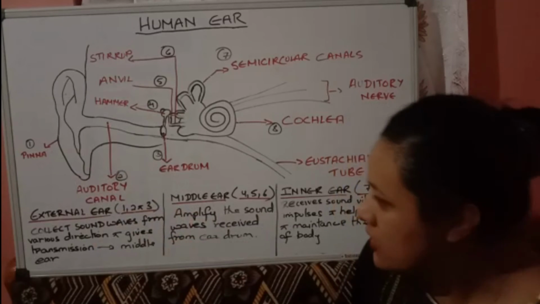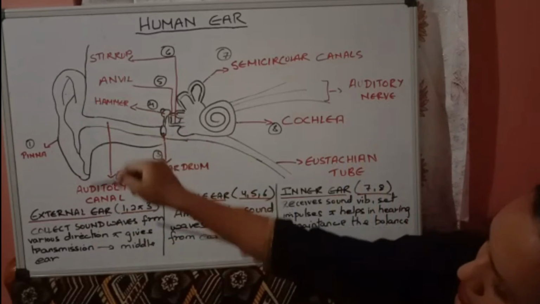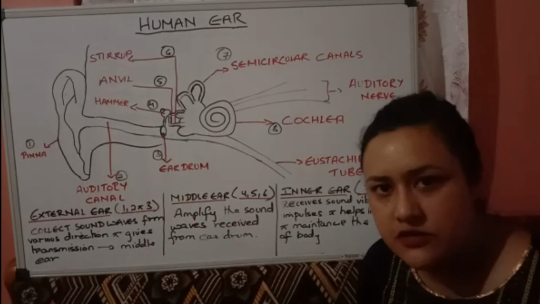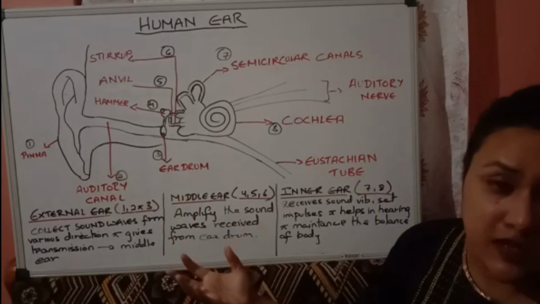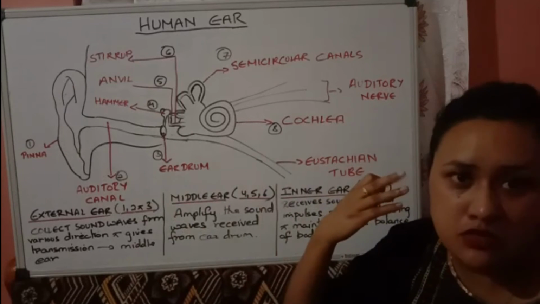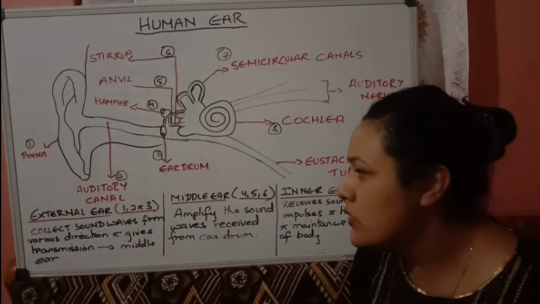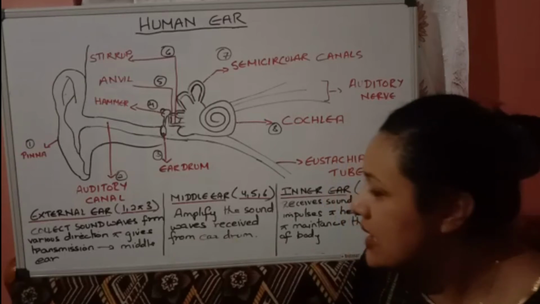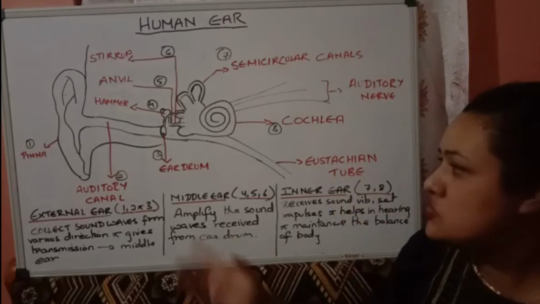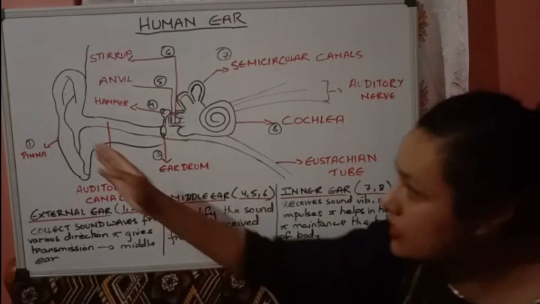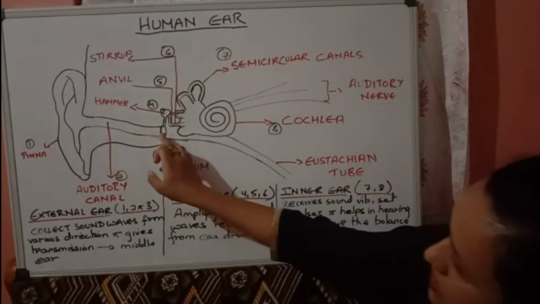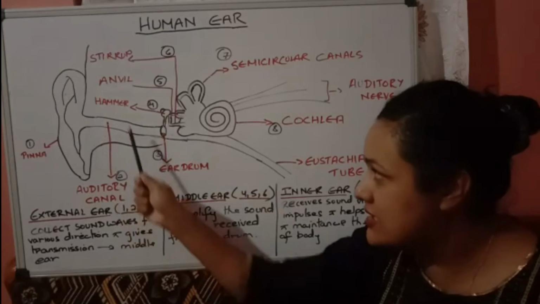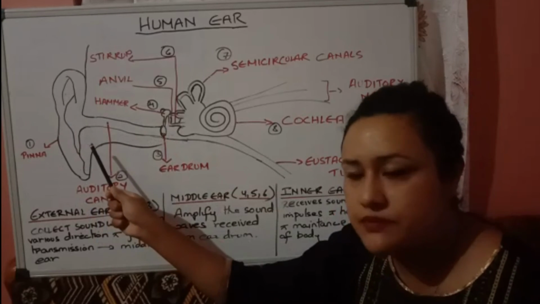The main function of the external ear is to collect the sound waves. If somebody speaks, sound is carried, so it collects the sound waves from various directions and transmits them to the eardrum.